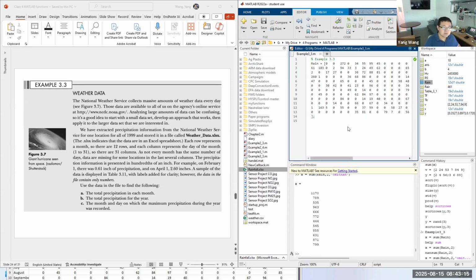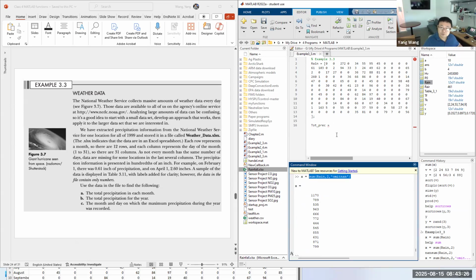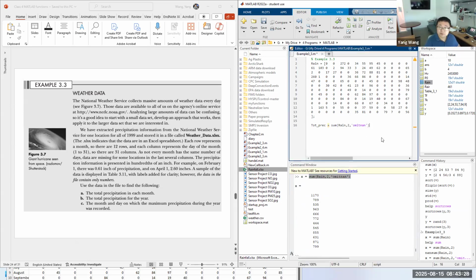Okay, so you can see basically the total precipitation is going to be sum of rain2 with omit NaN, right?